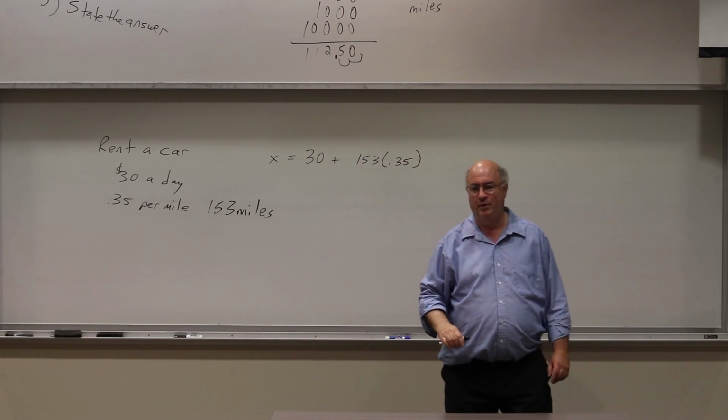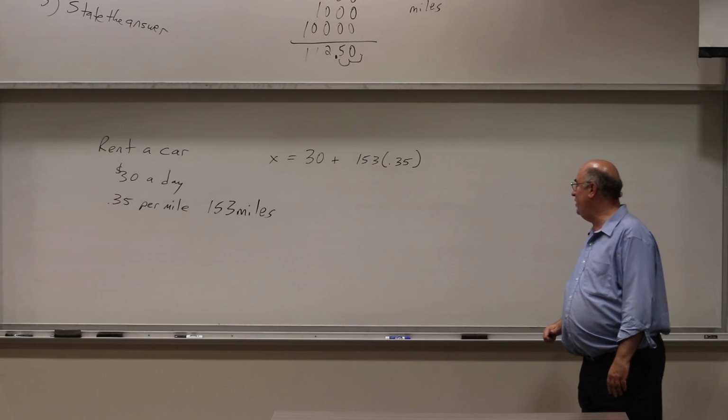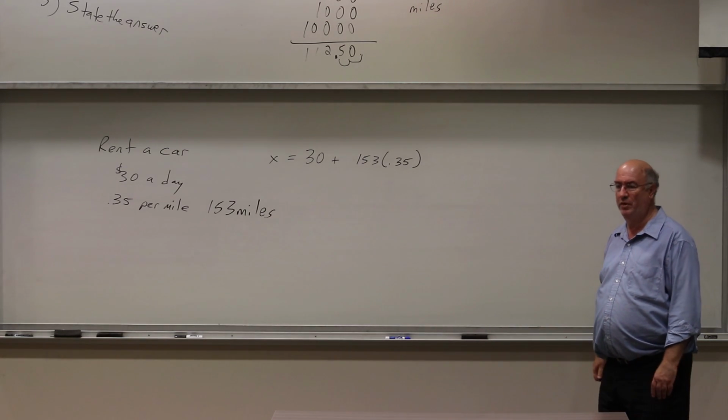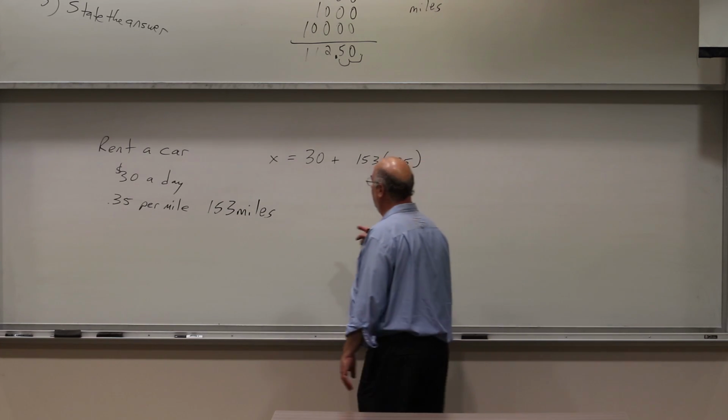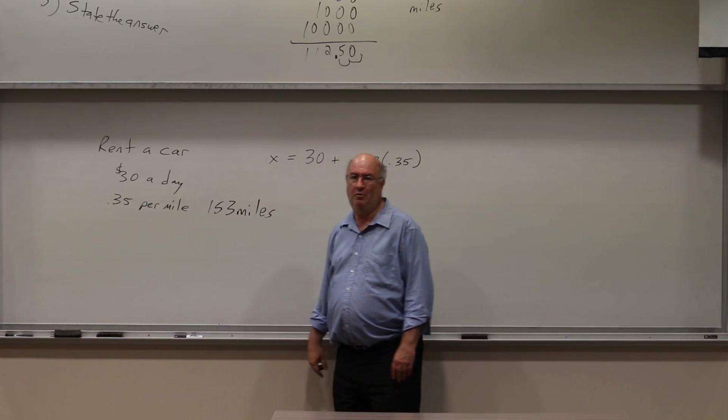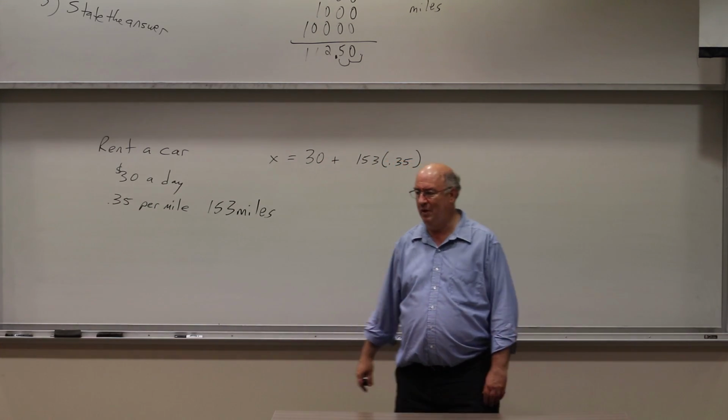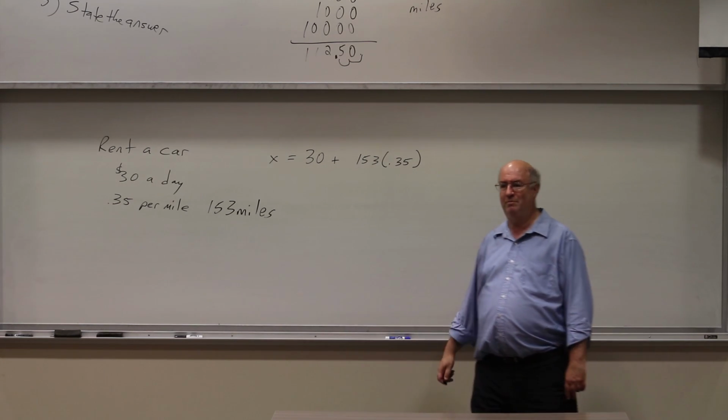Let's say 30 plus 153 times 0.35, or 0.35 times 153 miles. We have our two parts, and that's going to equal our answer. Right now our answer is unknown, so I like x, so I put x there.